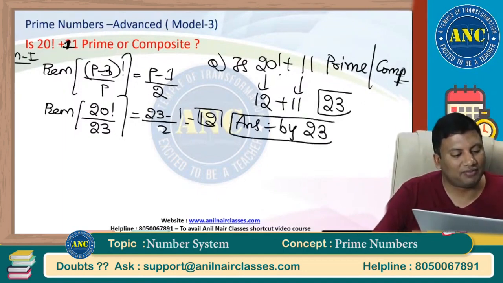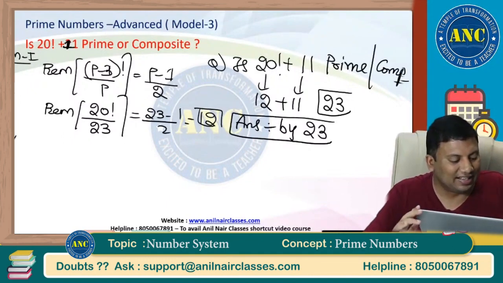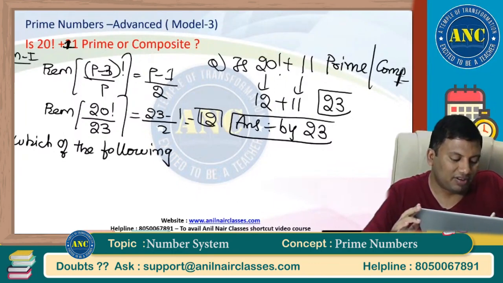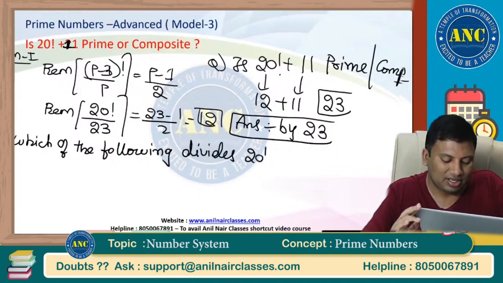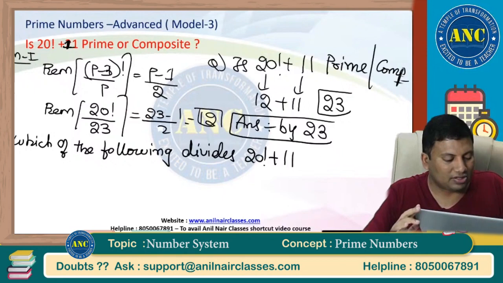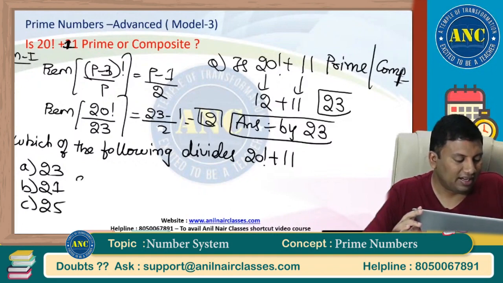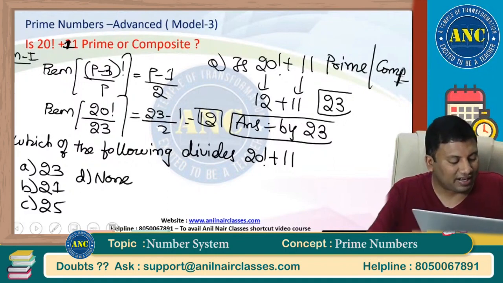The best way of asking this question is like this: which of the following divides 20 factorial plus 1? 23, 21, 25, none of these.